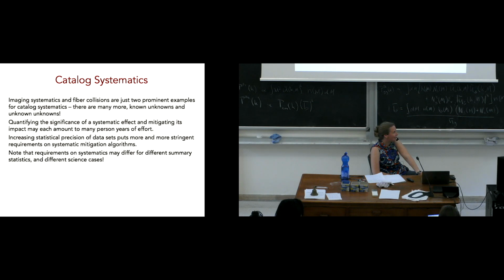I guess I said that already for the fiber collisions and the bispectrum, but it's really important to keep in mind that the requirements on systematics may differ for different summary statistics and for different science cases. Say some collaboration decided that their imaging systematics mitigation was good enough for those scales that they were interested in.